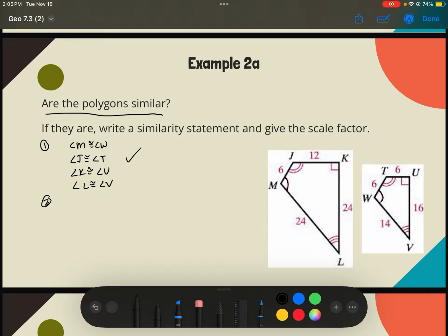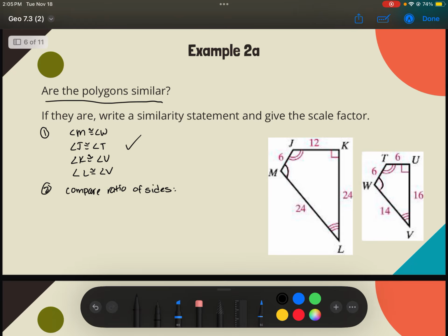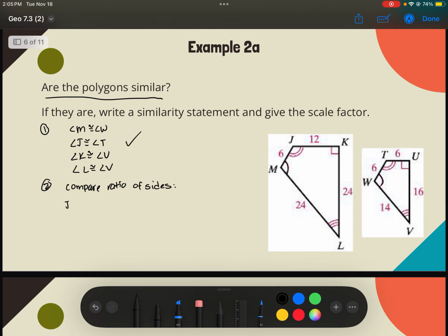Next, I want to check, do all sides have the same ratio? So I want to compare the ratio of sides, and you can pick any 2 sides to start. For this example, I'm going to just run through all of them real quick. So for instance, JM over TW. I'm looking at this side compared with this side. Well, that just says it's a 6/6 or 1-to-1 ratio. And again, remember, if we're dealing with ratios, I do want to leave that 1 on the bottom.